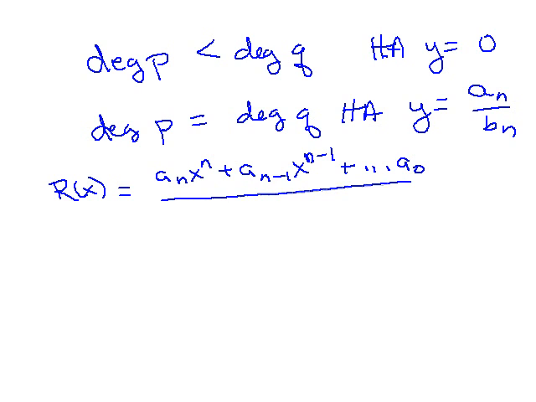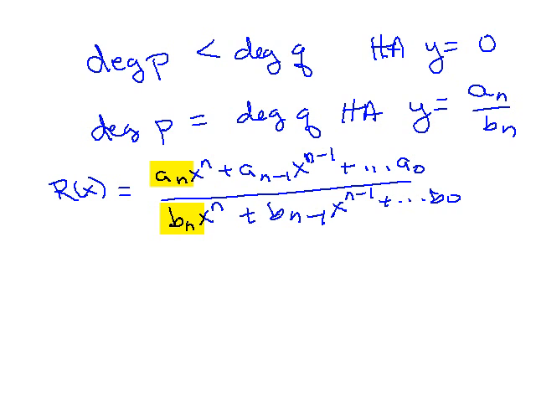And now in the denominator I can't use a's again, so I'll use b's for the coefficients. But remember, I'll use n because the degree was the same, counting down to b_0. Okay, so the horizontal asymptote is a fraction made out of the leading coefficients.